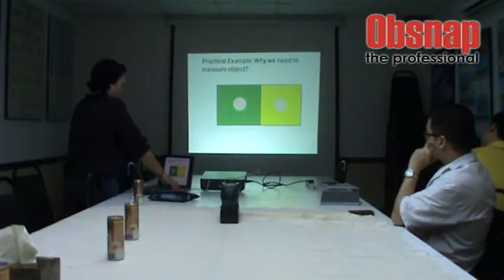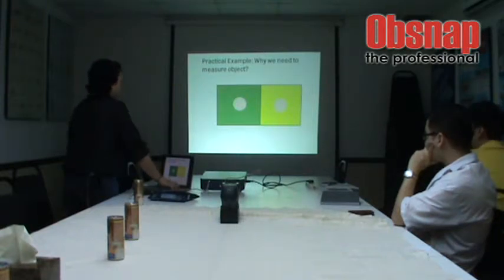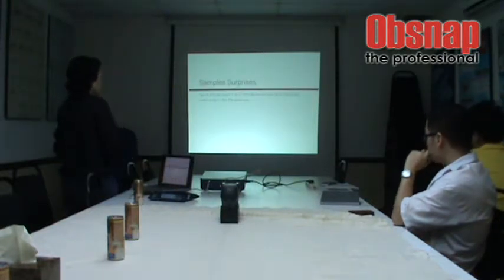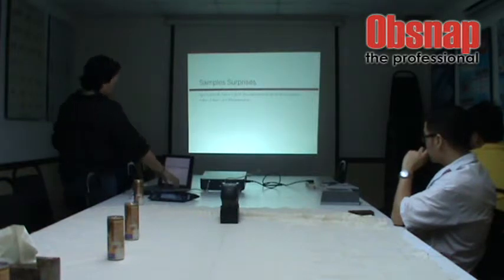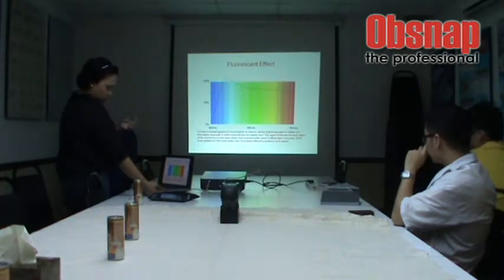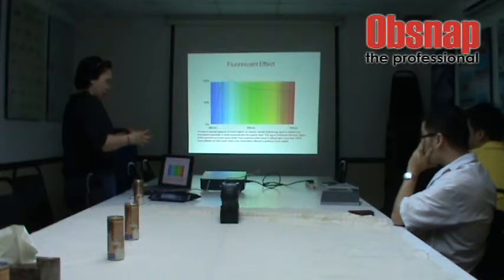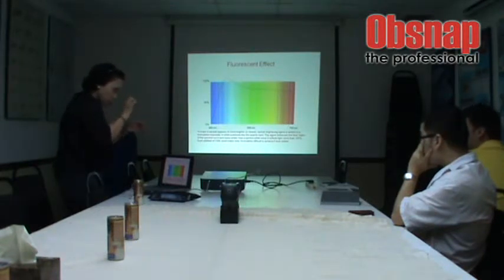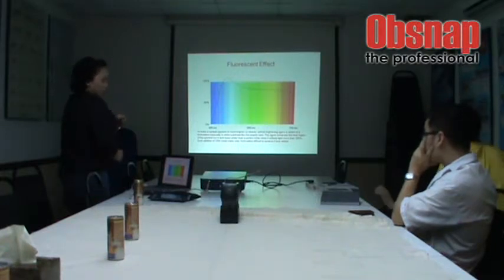Okay, so that's why we need to measure, because measurement will tell you exactly if you have a different product or if you have a similar product. And the curve, for a lot of other applications, depending on your process, can also detect the fluorescent effect. You know, some of the clothes that we wear, especially white. Remember when you buy the powder, sometimes you see a lot of bluing agent in the powder, because it will kill the yellowness on the white.